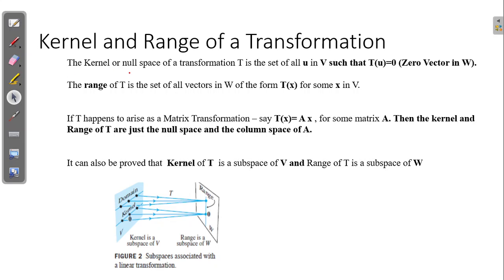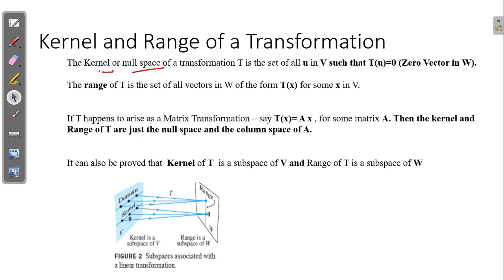The kernel or null space of a transformation T is the set of all u in V such that T of u equals 0, that is, the 0 vector in W. The kernel or null space of a matrix we have studied.